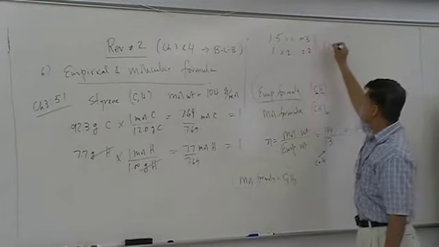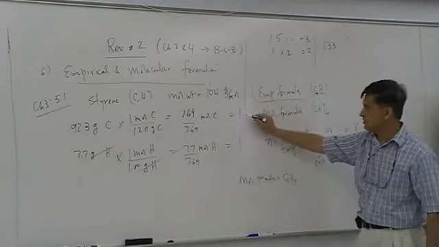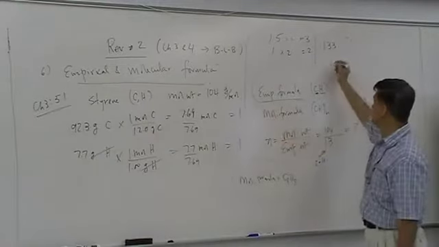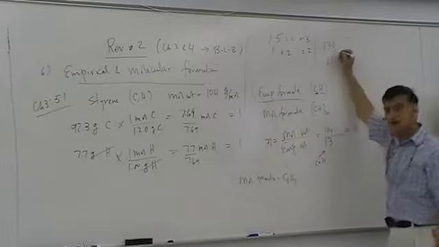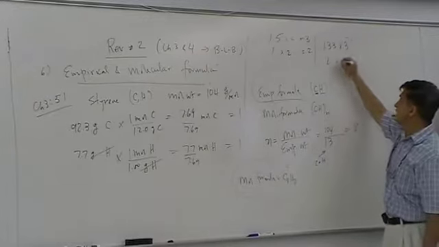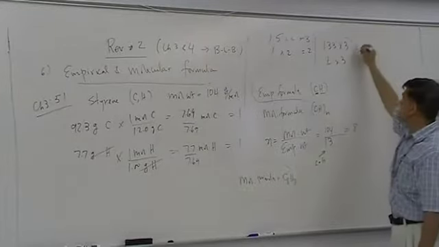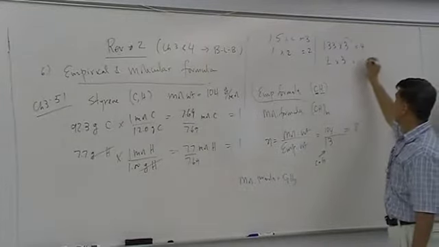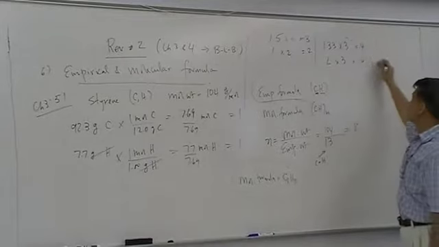If it's 1.33 in this step, where you got 1 and 1, say we got 1.33 and say you got 2 for the other one. This is 1 and 1/3. That means multiply by 3, and you need to also multiply by 3 here. So this gives you 4, and this gives you 6. So in that case, formula would be C4H6.